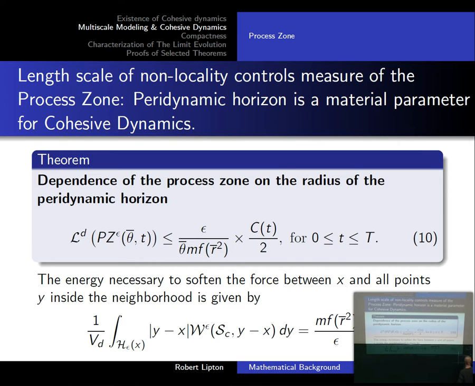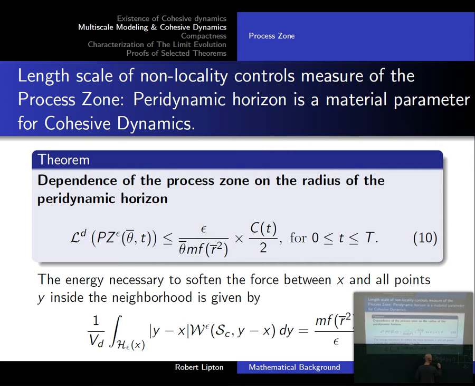Okay, so it really has everything to do with this, and remember we have F of y minus x, s squared, equals W. This was the bond potential, W epsilon, which equals 1 over epsilon, and then we have a J of y minus x over epsilon, times W epsilon S epsilon of y minus x.